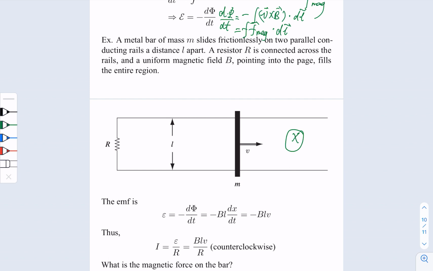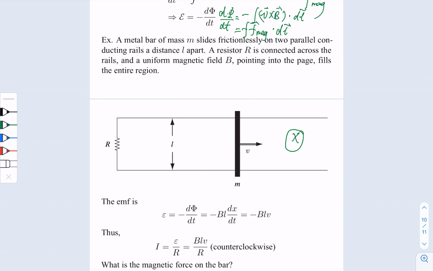If you remember from physics 2041, what we are supposed to do is use Lenz's law to determine the direction of the current flow. Lenz's law says that the induced current should always reduce the amount of the change of the flux.